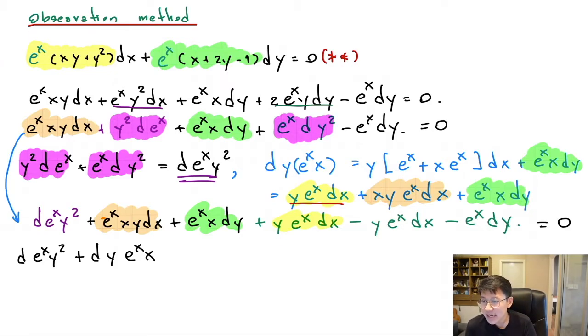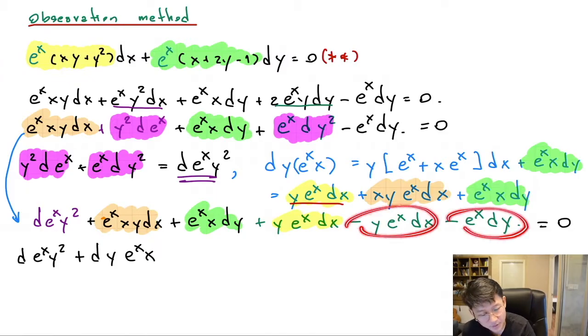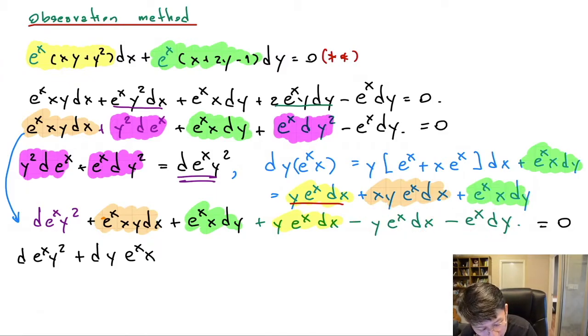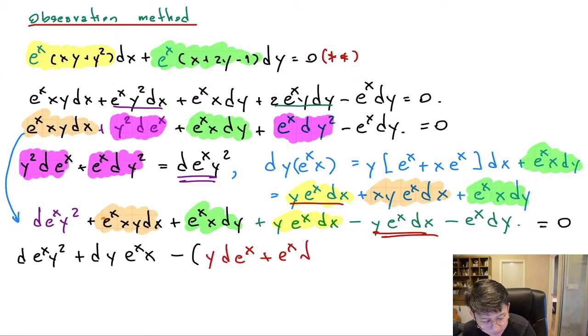Okay, so it's dy e to the x, and then you have these two terms left, right? So I'll write it as the minus of y. Okay, guys, this one, if you look at it, it's actually y d of e to the x, right? Plus e to the x dy. Right, guys, because d of e to the x is e to the x dx, right?